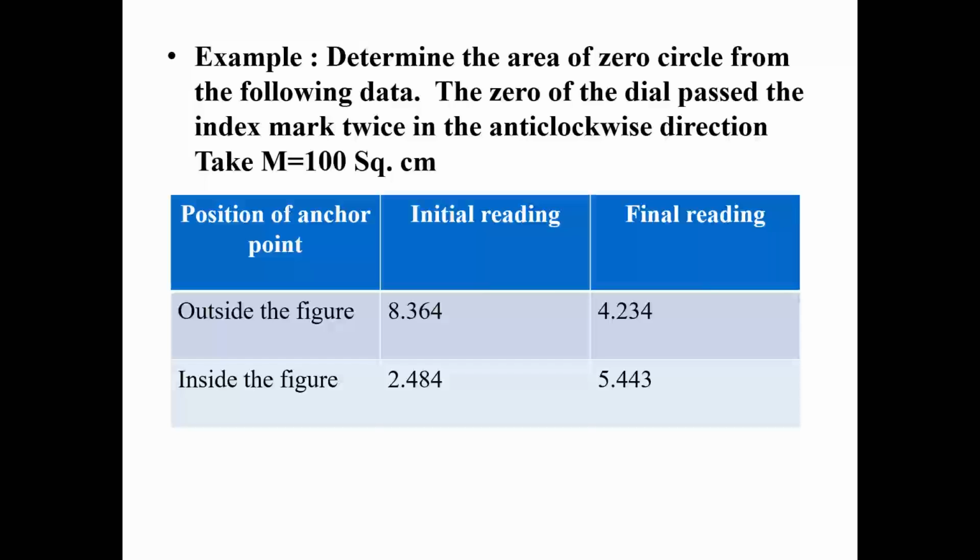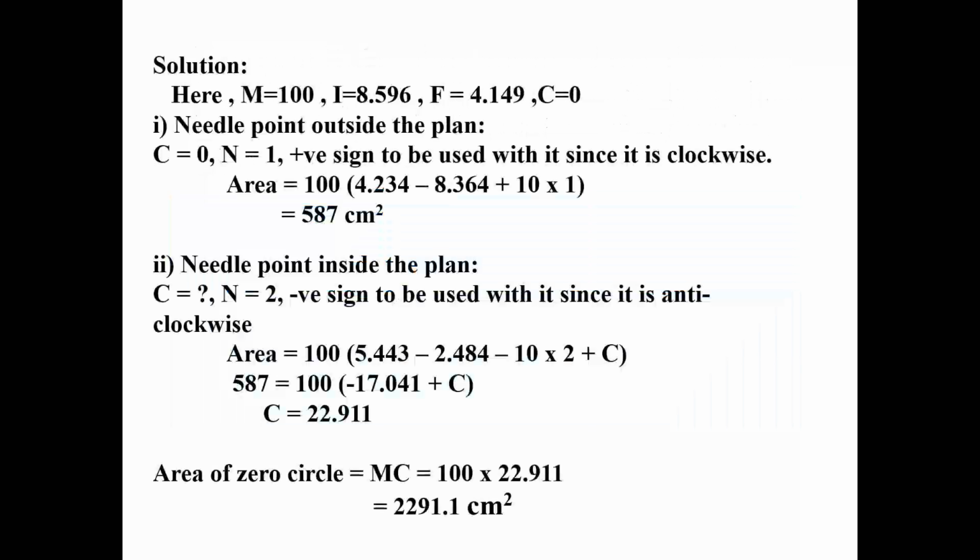The initial and final readings are given for the particular cases, and the zero of the dial passes the index mark twice in the anti-clockwise direction. That n value should be 2, and you use the negative sign because it is the anti-clockwise direction. Take m equals 100 square centimeter. This is the problem we will solve.